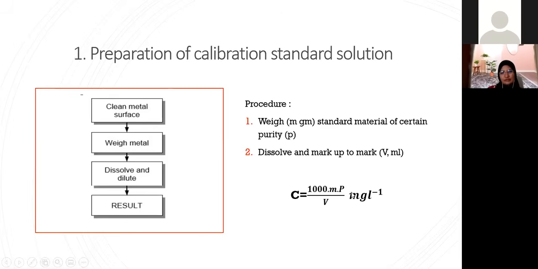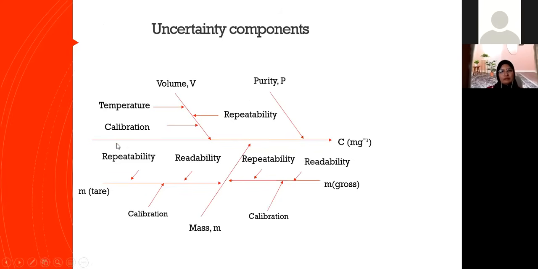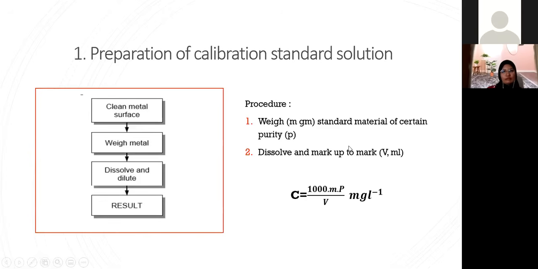These three factors we use to prepare the calibration standard solution. So the concentration formula is equal to 1000 m P over V, in milligram per liter. Then we come to the uncertainty components. We build the uncertainty components from weight, purity, and volume. Weight, purity, and volume are sources of uncertainty.